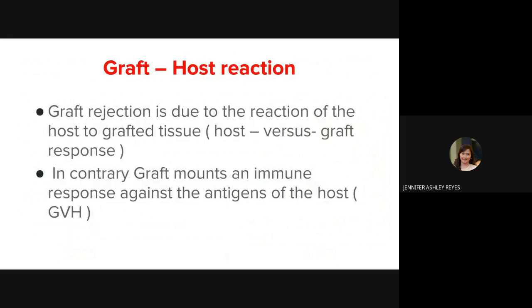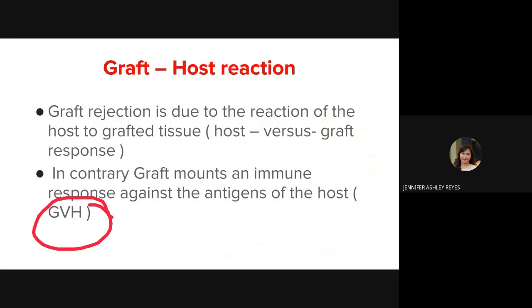So yung graft rejection can be due to the reaction of the host to the grafted tissue. Pero yung graft, pag nag-create siya ng immune response, it can create a response against the antigens of the host. So yung tinatawag natin na graft versus host reaction.